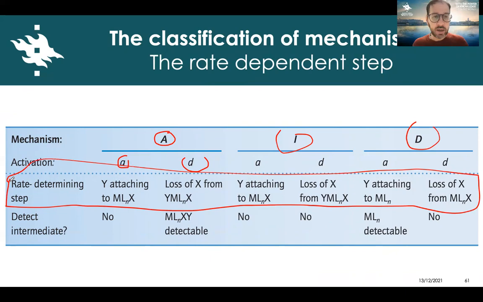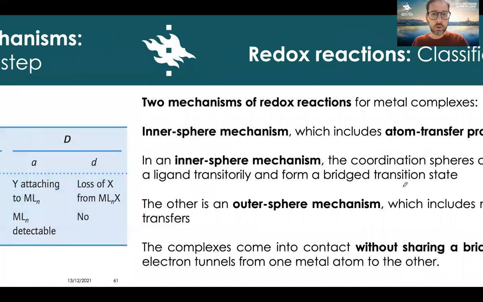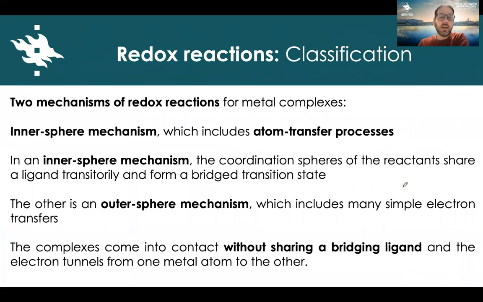So for each kind of mechanism, we can have associative or dissociative activation, depending on how the rate of the reaction is dependent upon the identity of the entering group, basically. So for associative activation, we will always have that the rate will be dependent on the identity of the entering group.